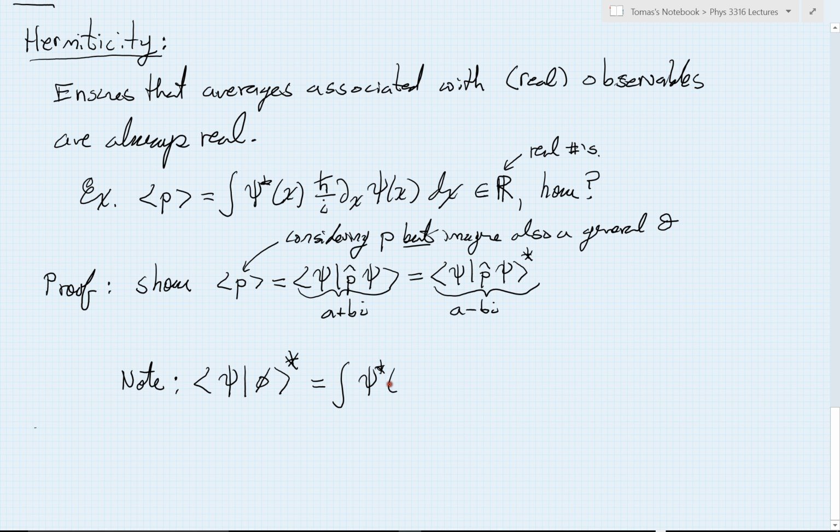And again, I could do this in any representation. The math is going to be the same. I'm just using the real space representation to show you the proof. Integral dx, right? And now, of course, I have to take the star of that. And as you guys know, when you complex conjugate something, all you have to do is go inside and flip the sign on every single i that appears anywhere.